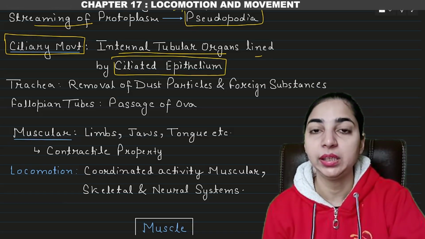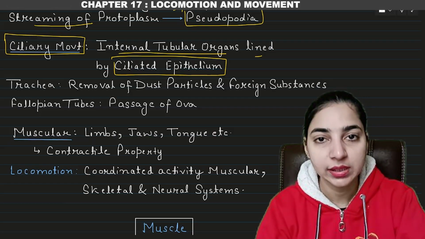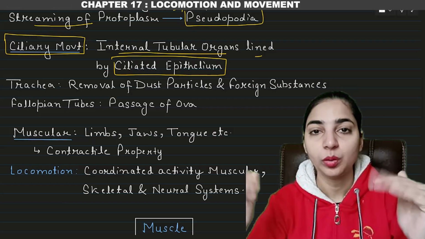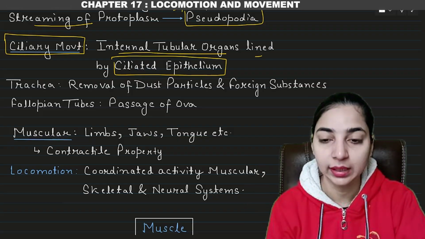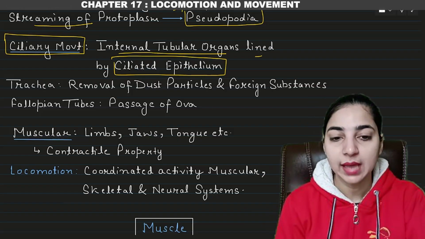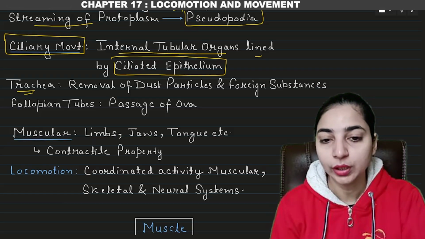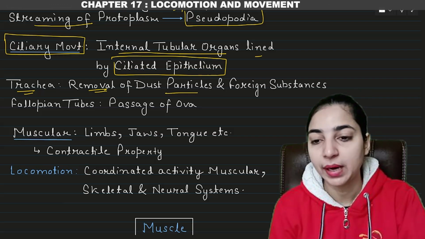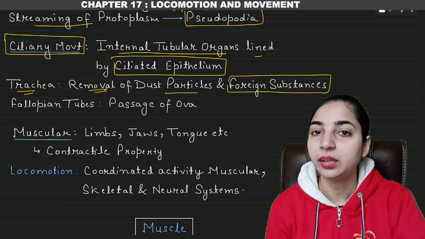That means the epithelium consists of a large number of cilia, and obviously the function of the cilia will be the movement, because the coordinated movement of the cilia helps in the movement of particles from one place to another. An example is the trachea. So what is the function? Removal of the dust particles and foreign substances is done by the cilia present in the trachea.